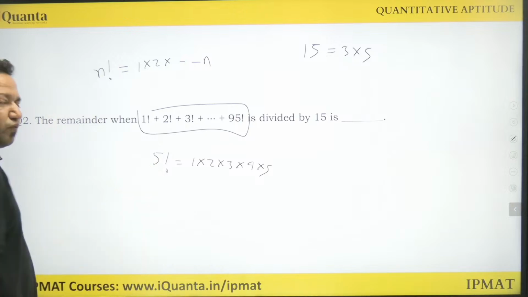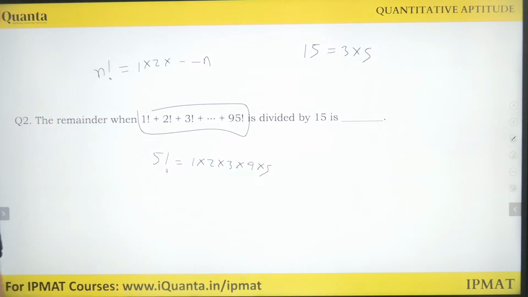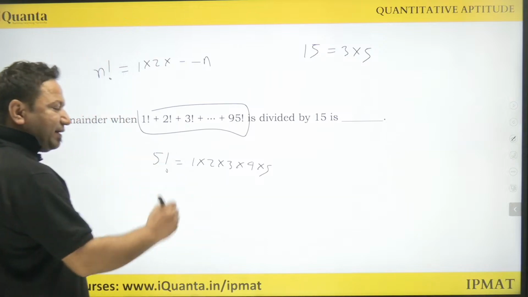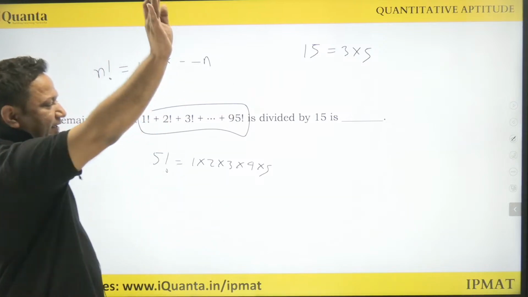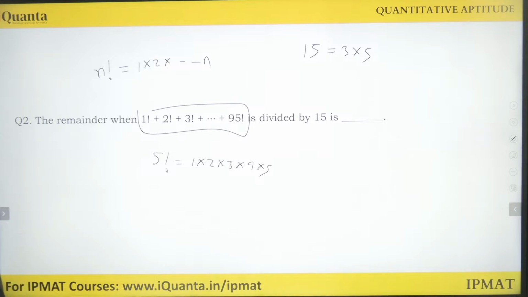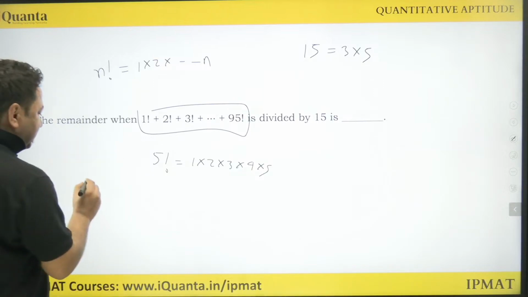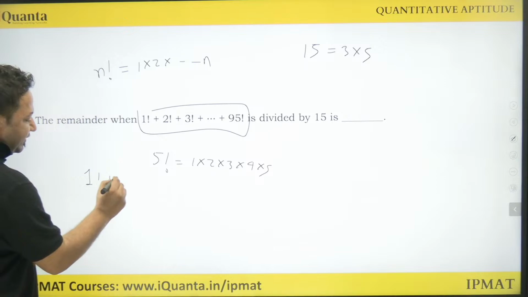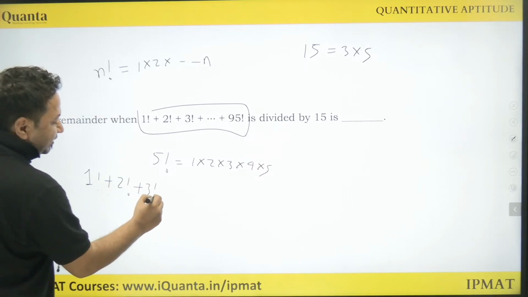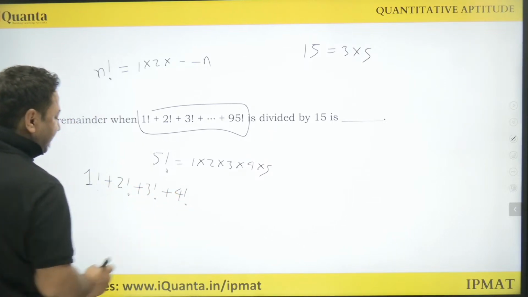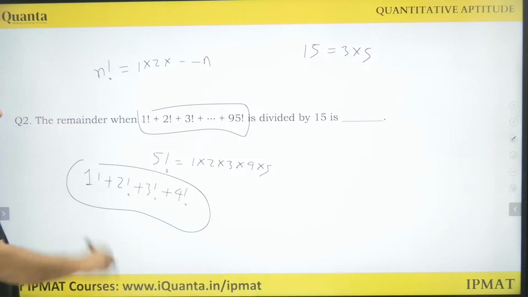But before 5, we will have 3 but not 5, right? That is why we can say that everything from factorial 5 till infinity is a multiple of 15, isn't it? So all we have left is factorial 1 plus factorial 2 plus factorial 3 plus factorial 4. So if we divide only this by 15, we'll get the remainder.